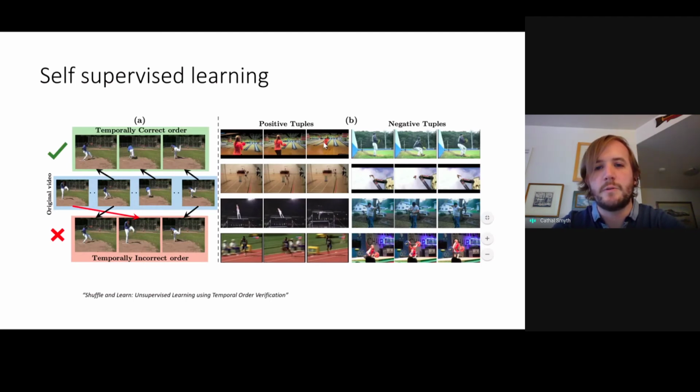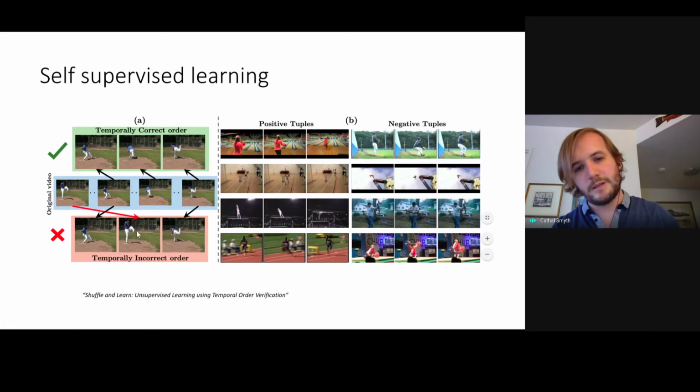Okay, so another example would be what I was talking about earlier, temporal order verification. So given a video, you might look at different frames from that video. And so here we have somebody playing baseball. This guy is throwing a pitch. And if we inject a frame from earlier in the feed into the middle of this sequence, then it's going to be a temporally incorrect order.